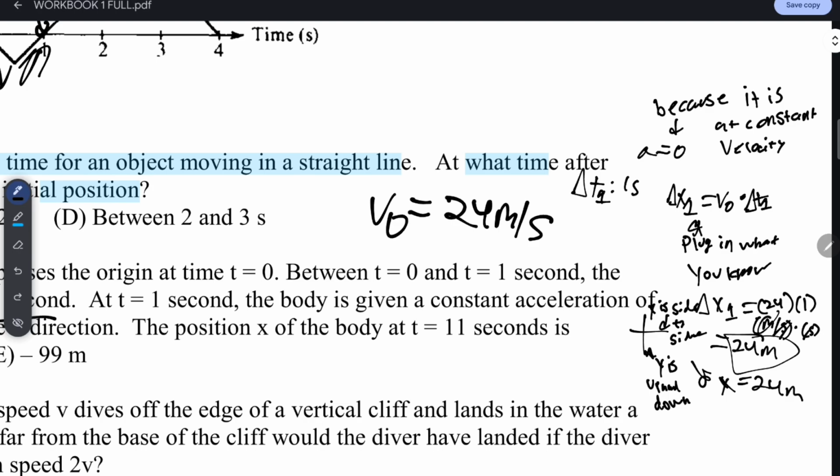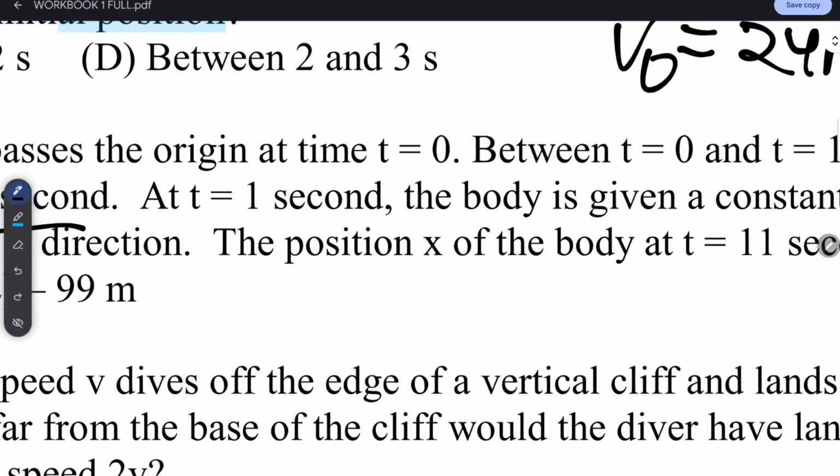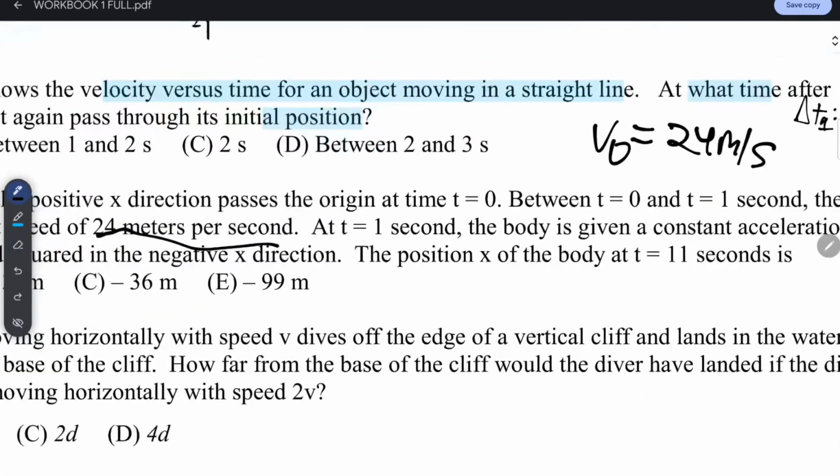Okay, now we can find the time interval by plugging what we have into t final minus t initial, which is equal to 11 seconds minus 1 second, which will equal 10 seconds.